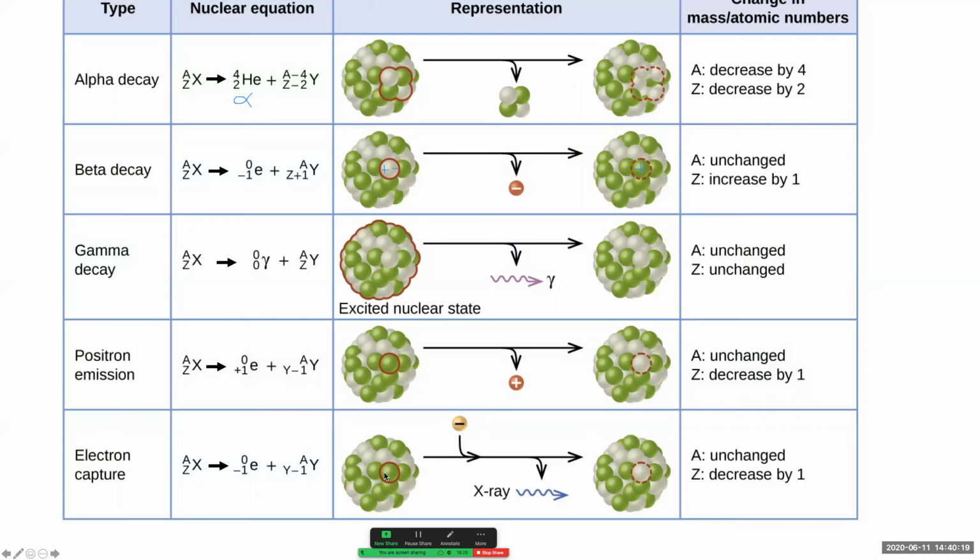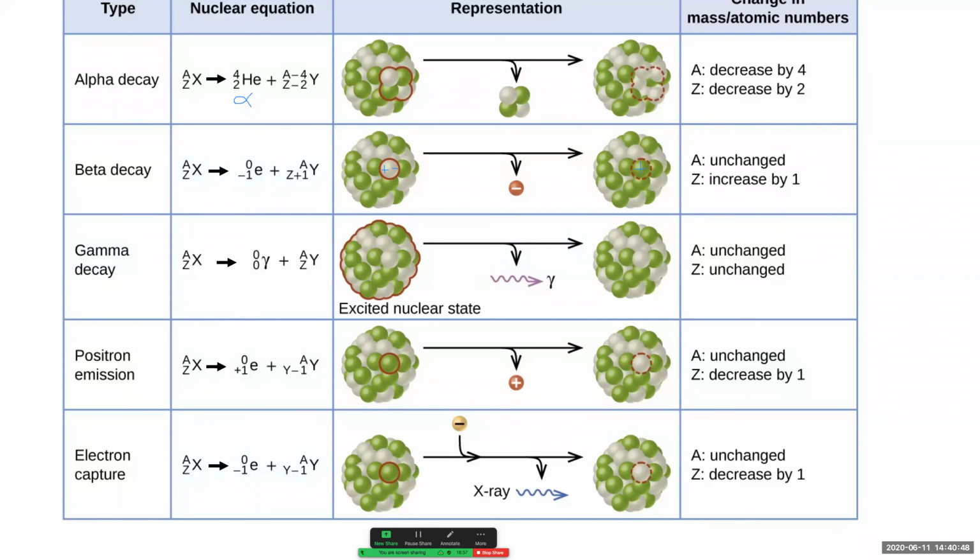The positive combines with the negative and makes a new neutron. So the number of protons goes down by 1, but the mass remains unchanged. So electron capture and positron emission lead to a similar change in the nucleus.